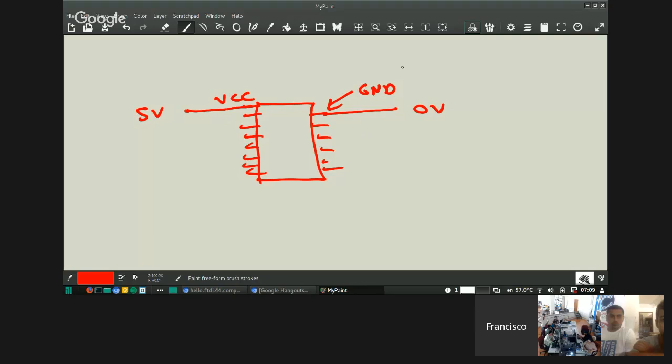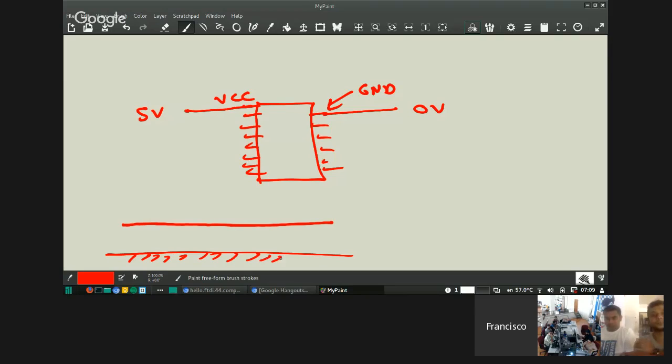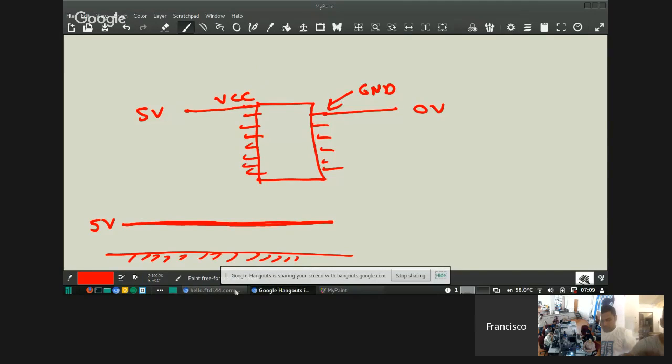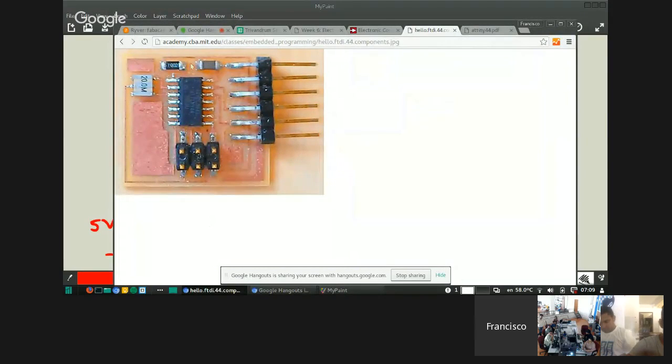This is your power source. If your power source is like this, this is an oscilloscope now. It's like this, a steady 5 volts value. Then you don't need to put these two things.